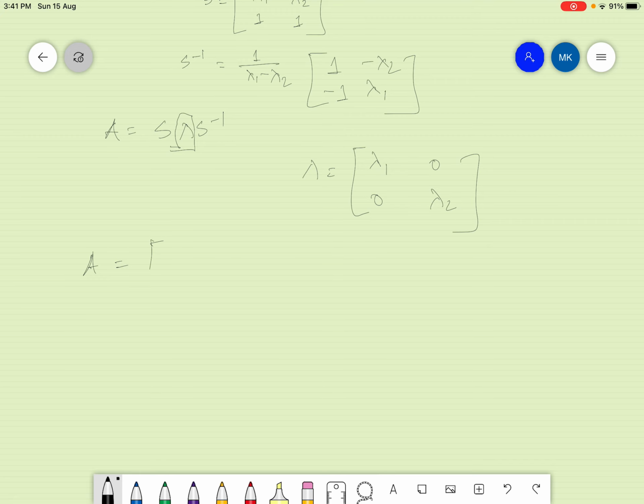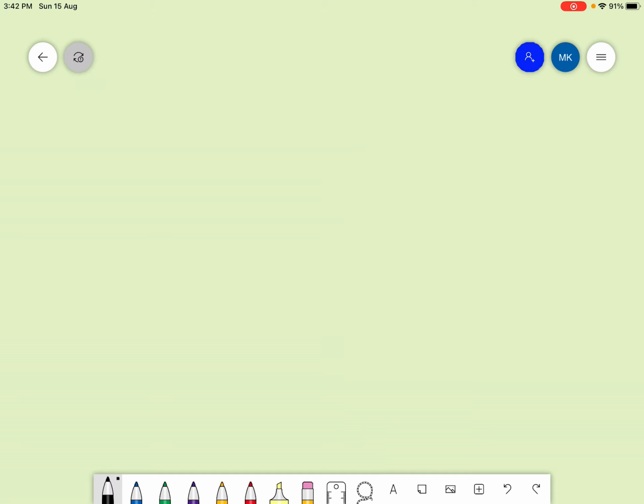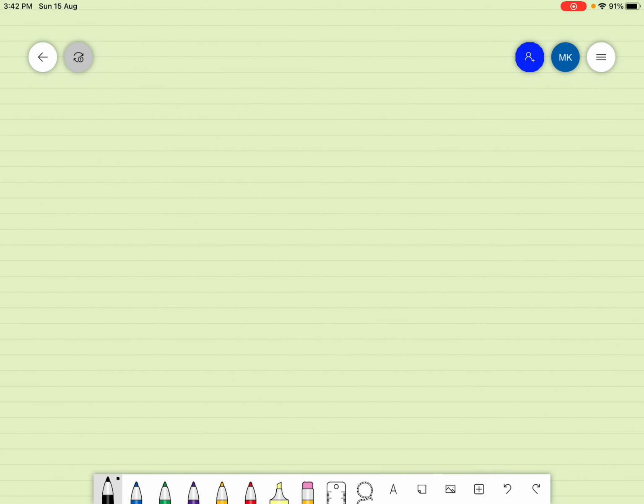Okay, let me clear this out. So our A would be S lambda S inverse.